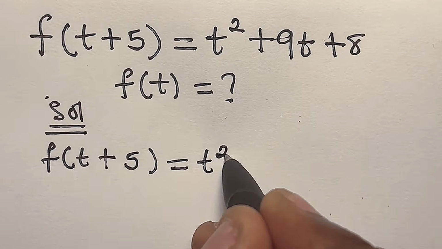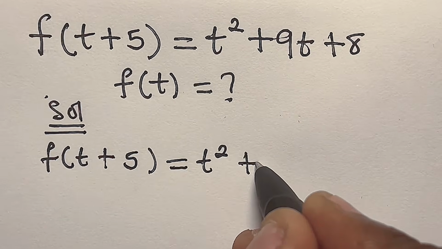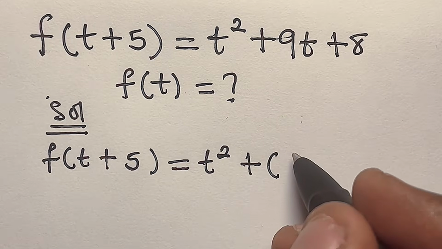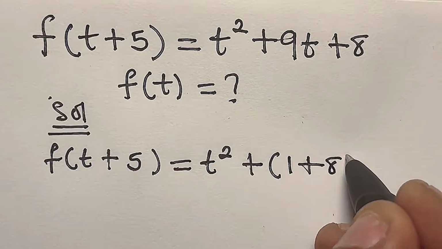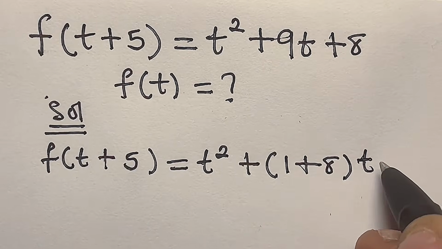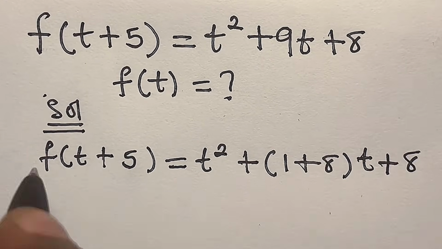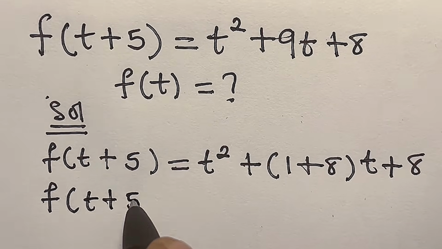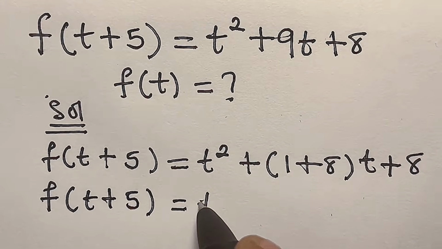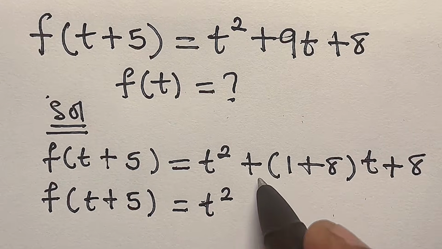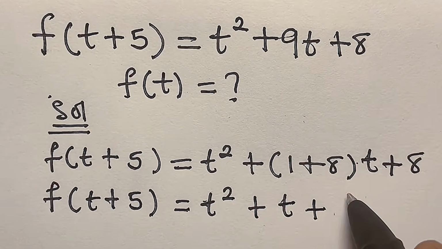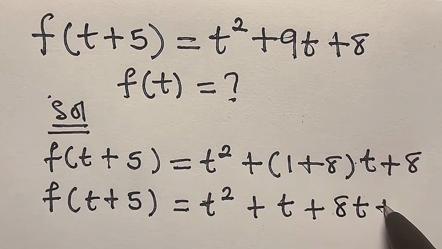equals t squared plus, then we can make this 9t to be 1 plus 8 multiplied by t plus 8. So we have f of t plus 5 equals t squared plus 1 times t, we have t, plus 8 times t, we have 8t, plus 8.